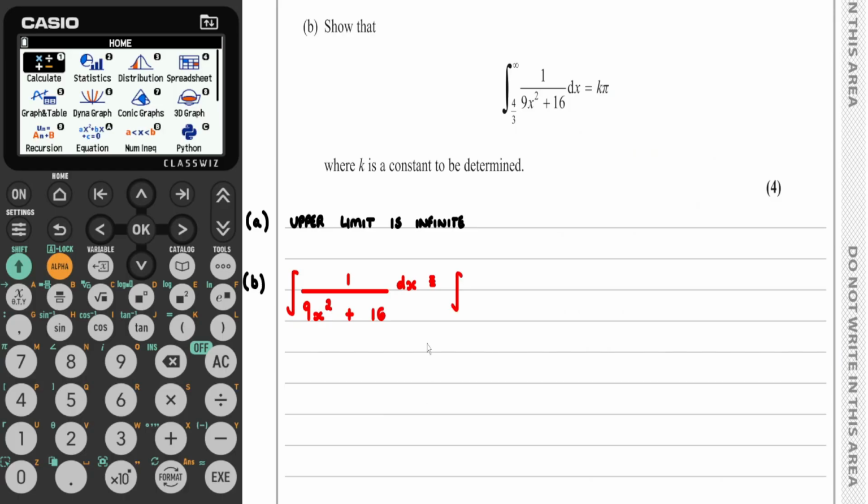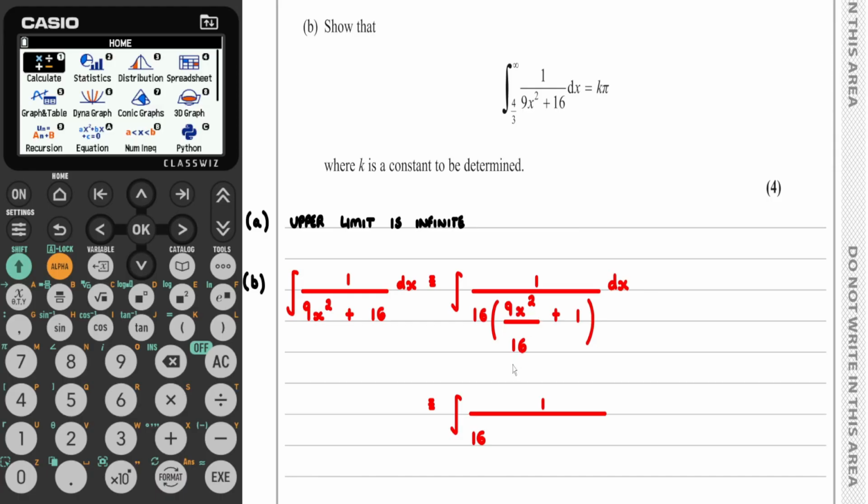Now, we've got this 1 which we'll leave alone, and for the denominator I'm going to factorise out a 16. So I've got 16 multiplied by 9x squared over 16 plus 1. So I've got the integral of 1 over 16. Now let's think about this 9x squared over 16 plus 1.